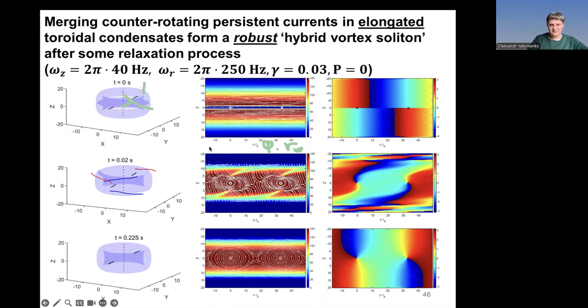This is the left plot, and this is the phase of the wave function. The phase illustrates the position of the vortices. If you make a circle around one of these points, phi has a 2 pi jump. This is the vortex, and it is clearly seen in the density distribution.